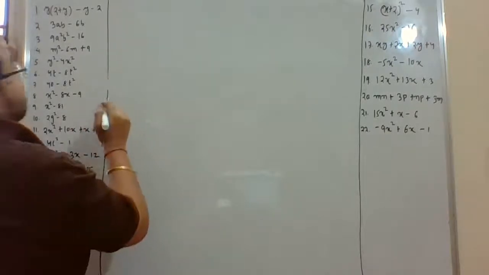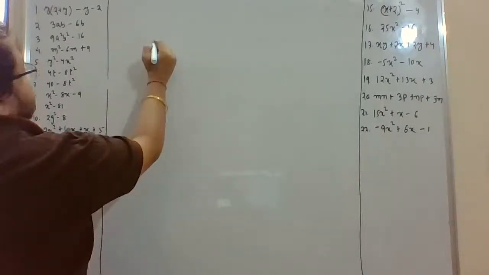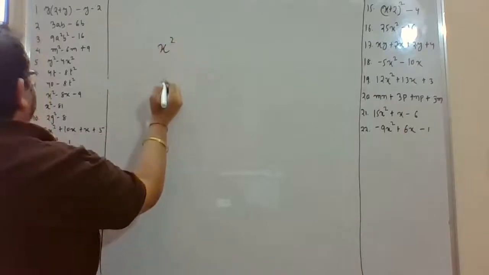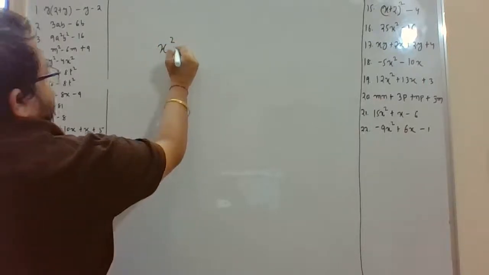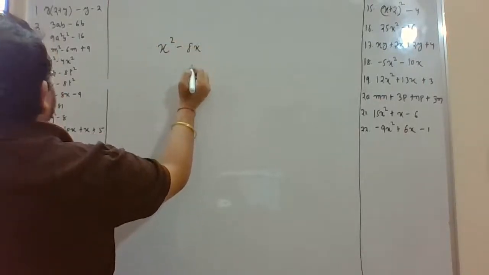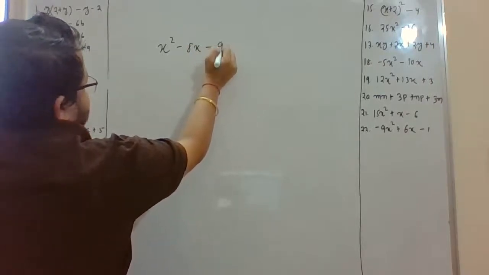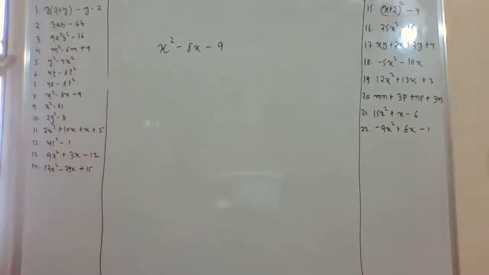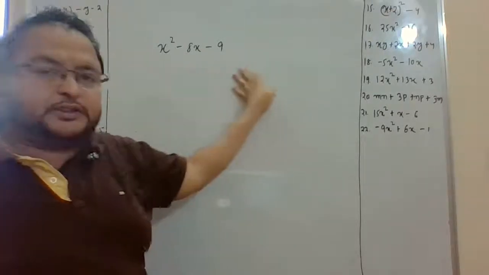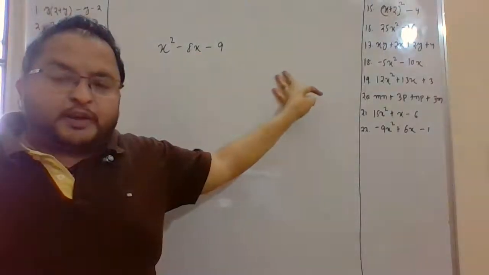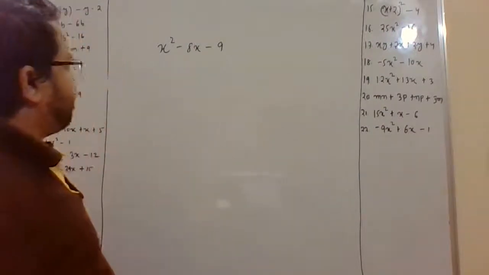Okay, now let's go to the next practice problem, which is x squared minus 8x minus 9. Step number one, there is no common term or common factor across all the terms, so I leave that.